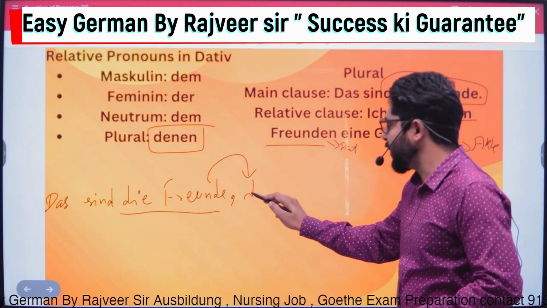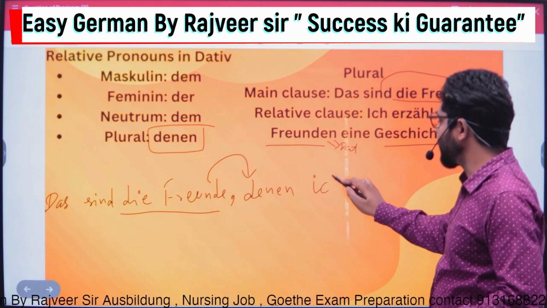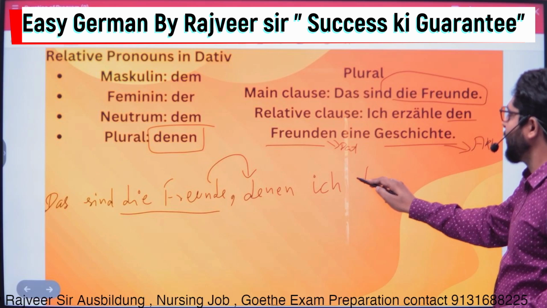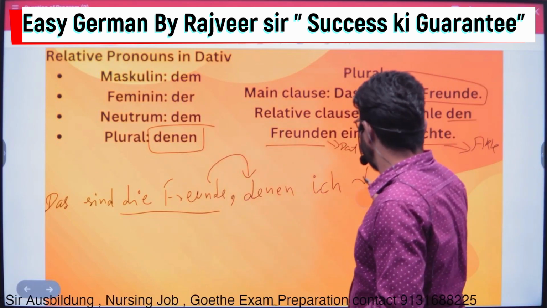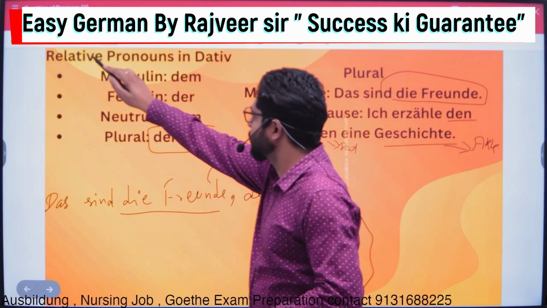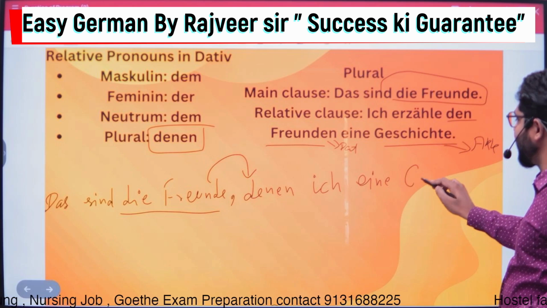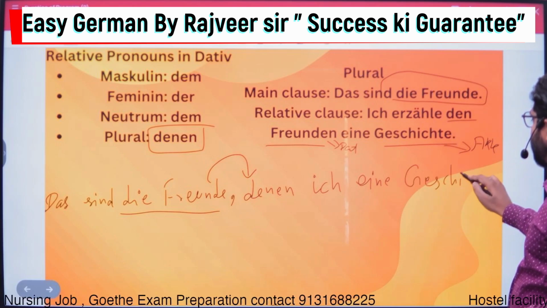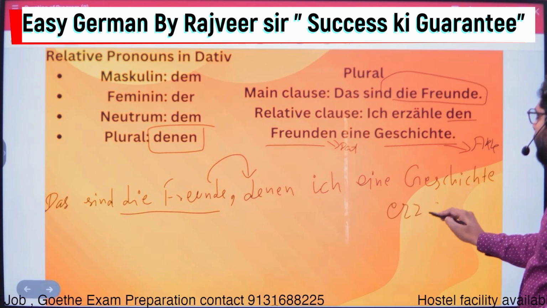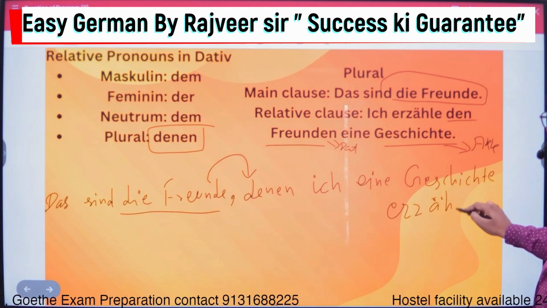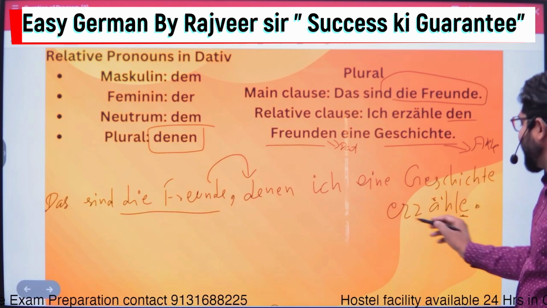So das sind die Freunde, denen ich eine Geschichte, and the conjugated verb at the end of the sentence. Ich is the subject here, so accordingly ich erzähle, with the e ending.